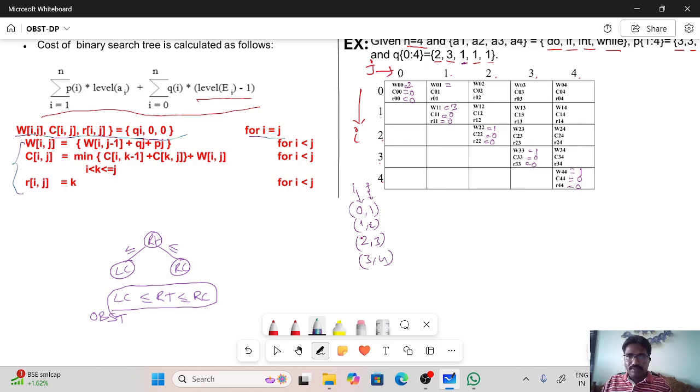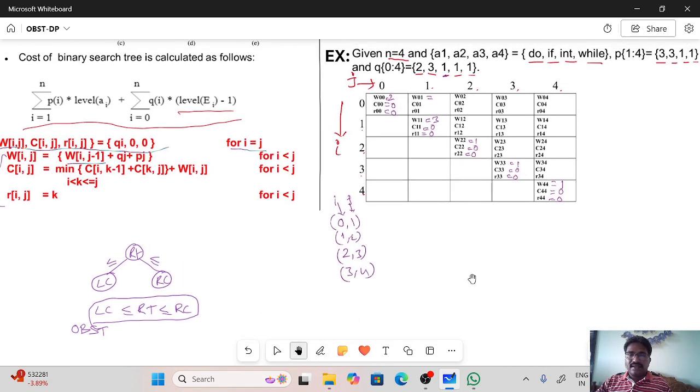Then what is the principle? I fix j minus 1, like this one, Wi,j minus 1 plus the corresponding frequency of successful and unsuccessful with respect to j. So what is our j value? 1, nothing but pj plus qj. So what is the previous weight?